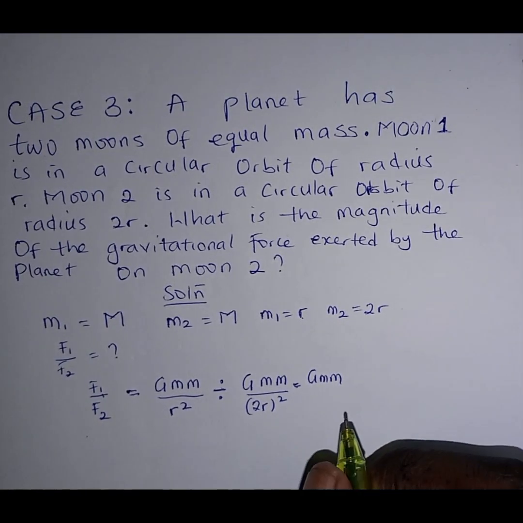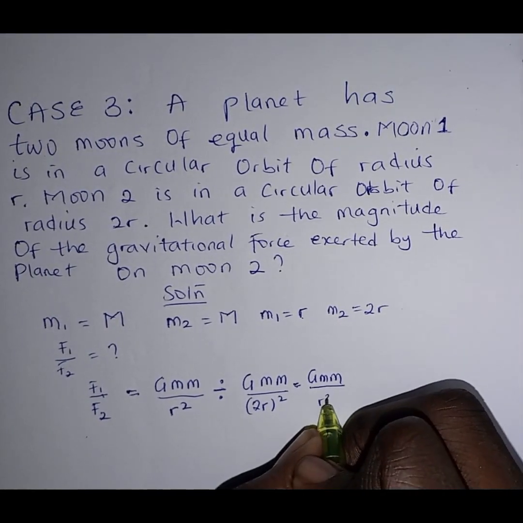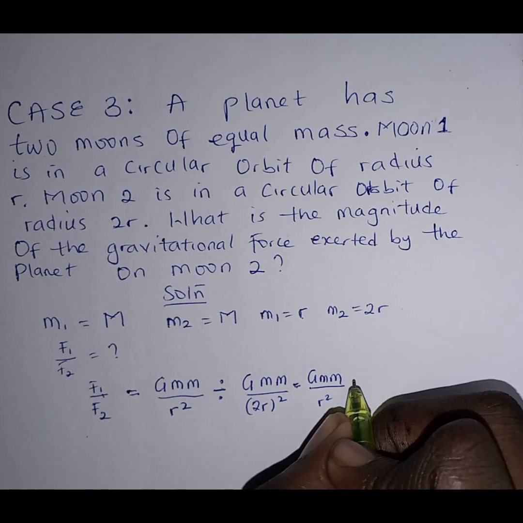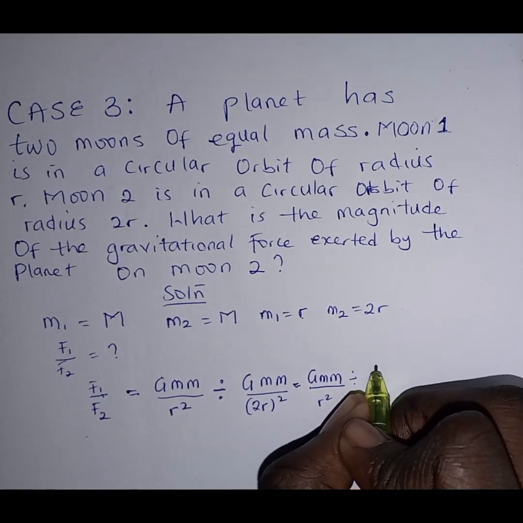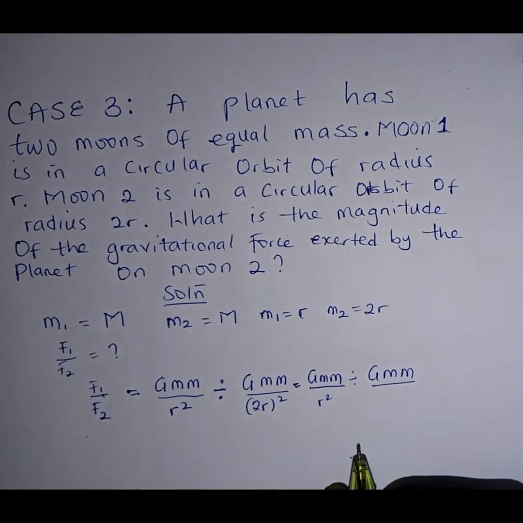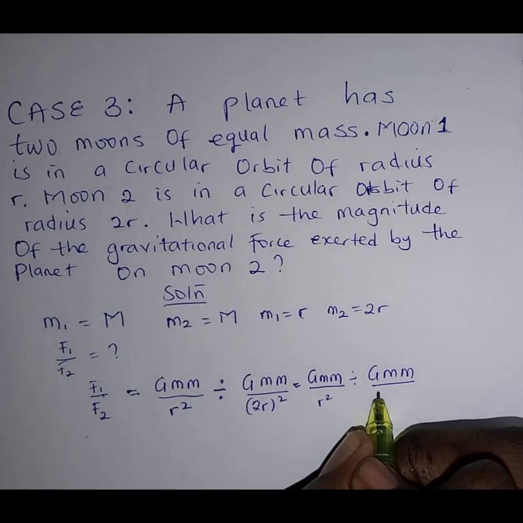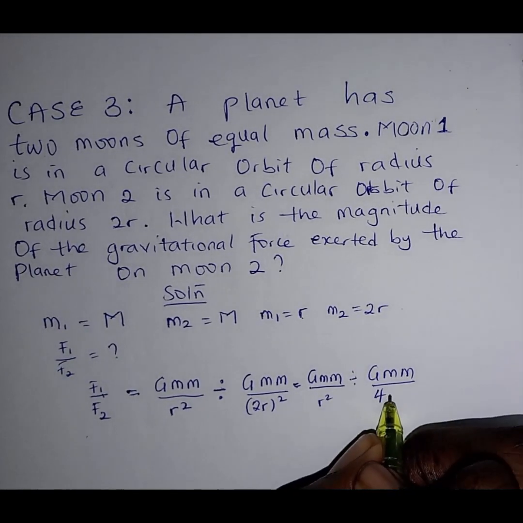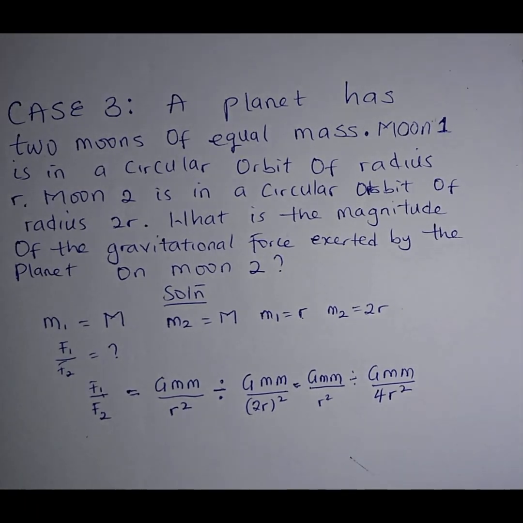So therefore equals to Gmm over r square, therefore divided by Gmm over, now 2 raised to power 2 is what? 4. r raised to power 2 is what? r square.